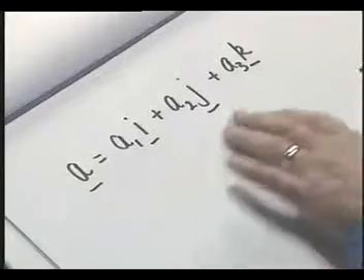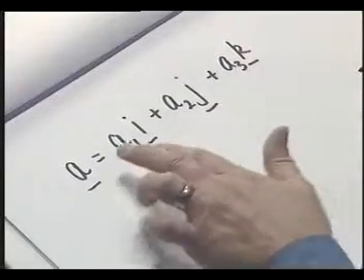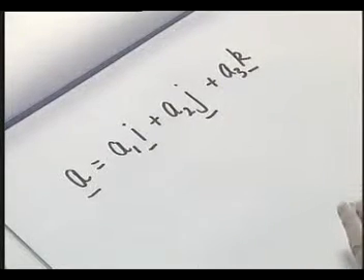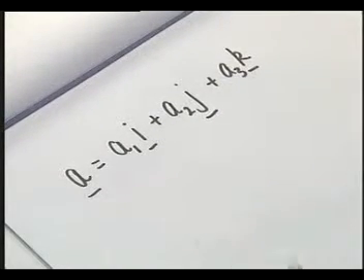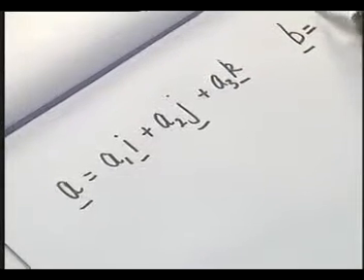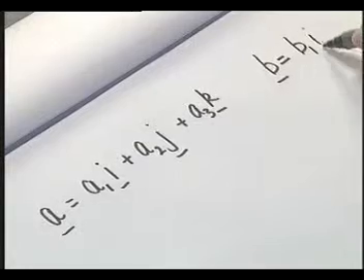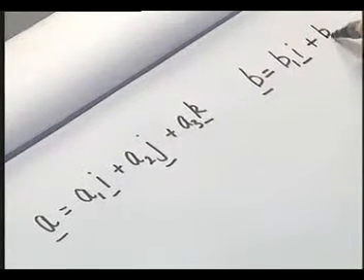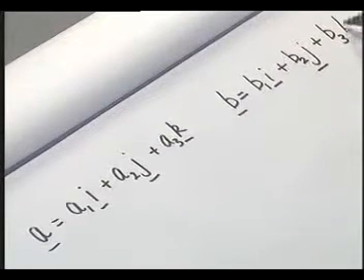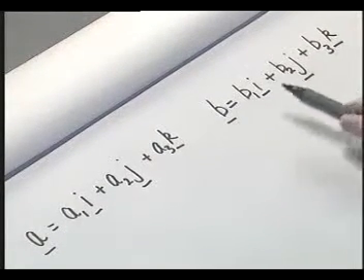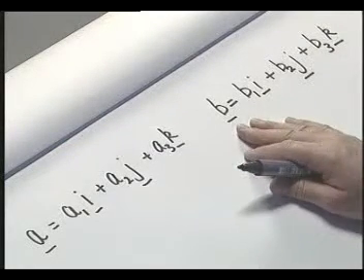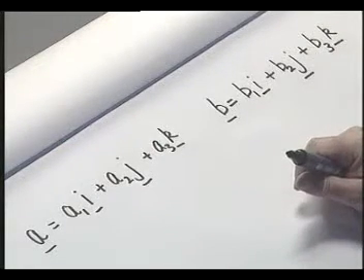So this is now an arbitrary vector a, where a1, a2, and a3 are the three Cartesian components of the vector a. And let's suppose vector b, similarly, is b1 i plus b2 j plus b3 k. And again, b1, b2, b3 are arbitrary numbers, so this is an arbitrary vector in 3 dimensions.